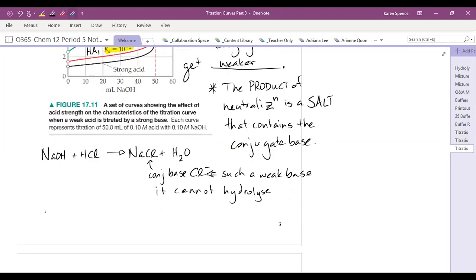If we have NaOH plus HA1, which is the stronger of the 2 weak acids, remember this is a one-way arrow because the NaOH is strong. Okay, we end up with NaA1. So our anion here is the A1 anion.